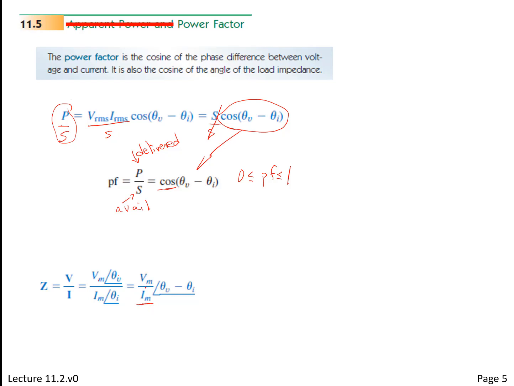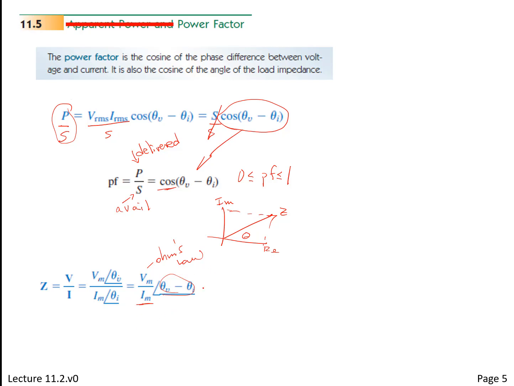It's the ratio of the magnitudes, like voltage divided by current. This is like Ohm's law, except we invoke the angle here. In picture terms, here's Z, and here's the angle theta. Somehow that's the real part, and that's the imaginary part.